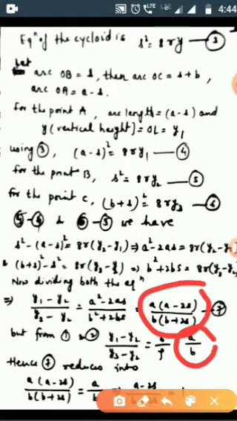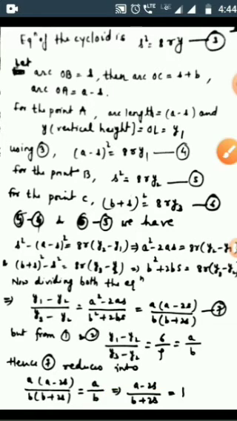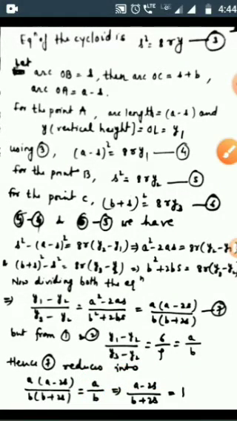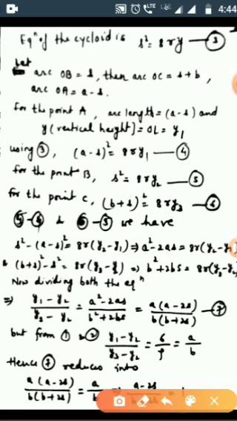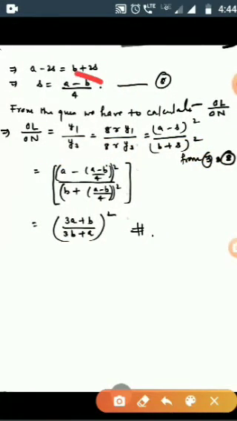Now a by b equals (a minus 2s) by (b plus s). So a by b cancels from both the sides, and we have s equal to (a minus b) by 4.